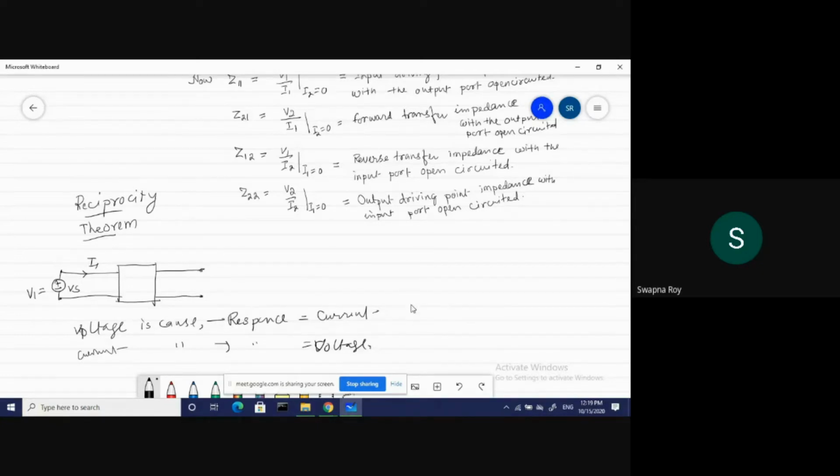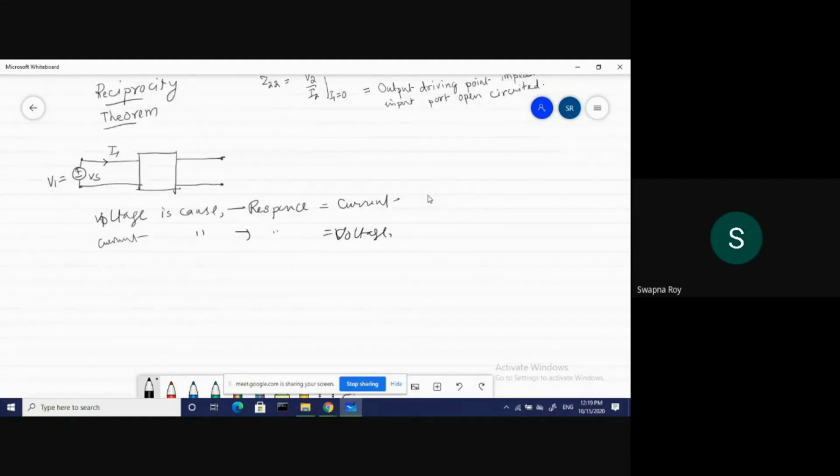So our objective, we have to find out the condition of reciprocity and symmetry for the Z parameter.